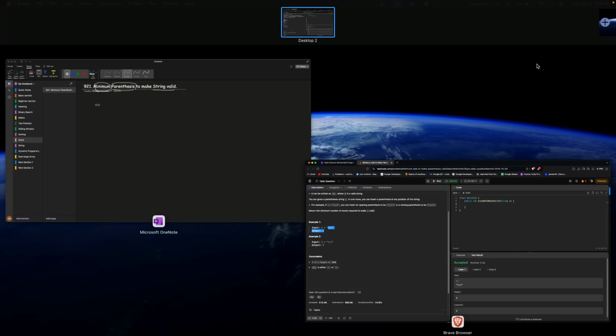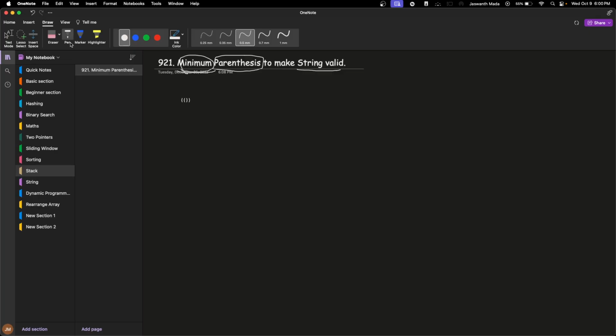Let's take this example. Suppose we have something like this: left bracket, right bracket, and right bracket. So if you look at this, what we can observe is that this left parenthesis corresponds with this right parenthesis, and this is perfect, right?